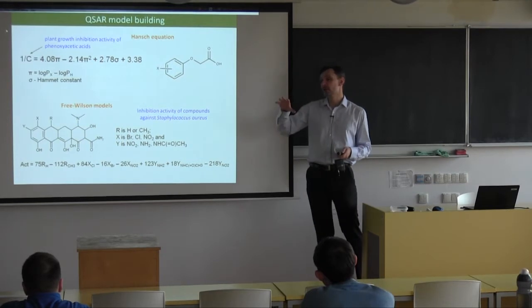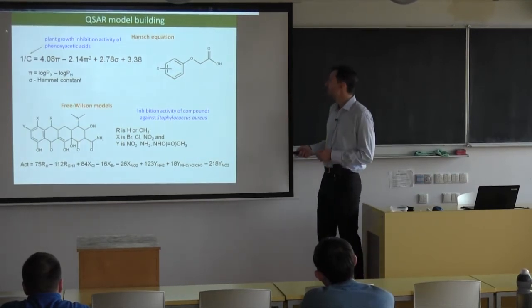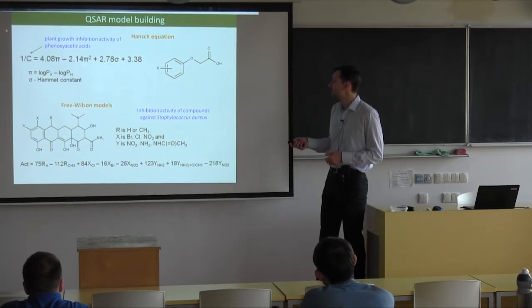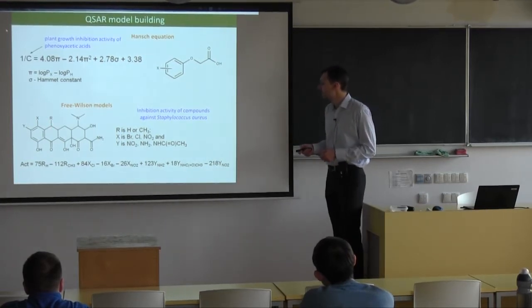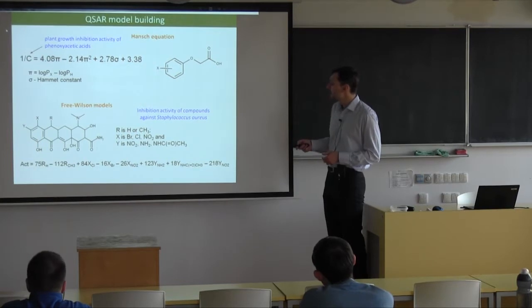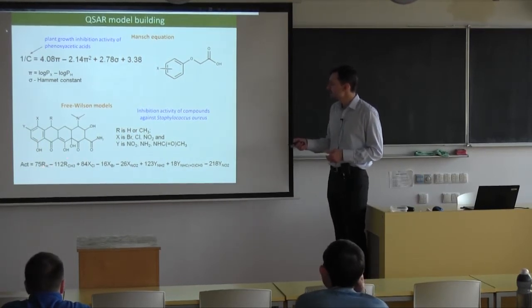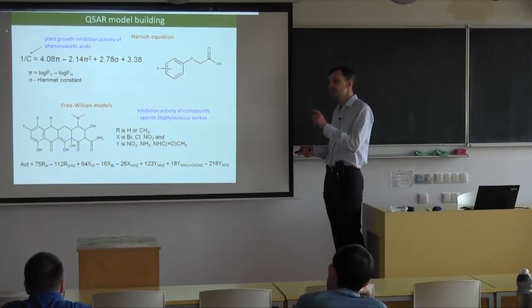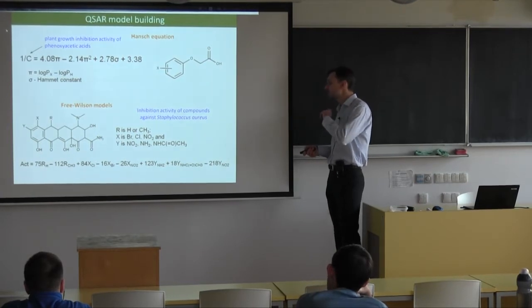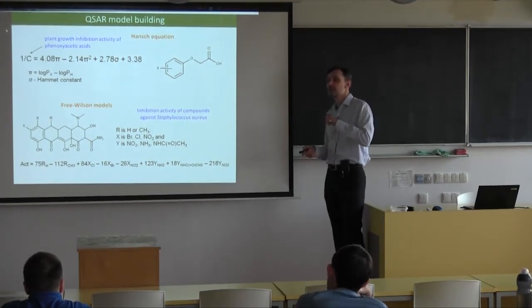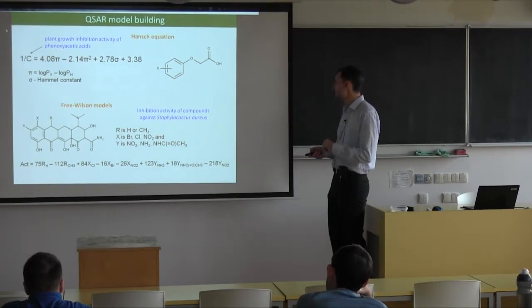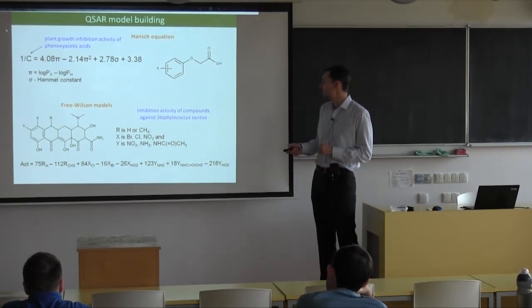So if you have a common scaffold of your compounds, you can represent changed parts with some labels and encode them in such a way that these are variables which are indicators. They can be 0 or 1, meaning the presence or absence of a particular substituent at that position.